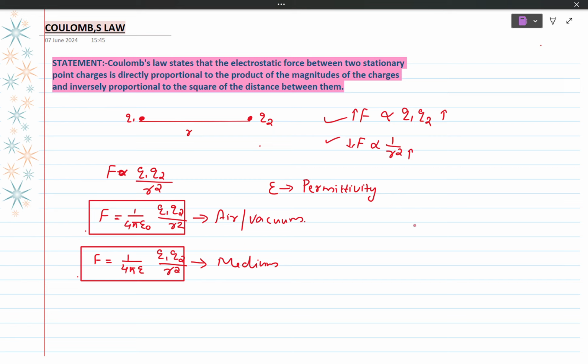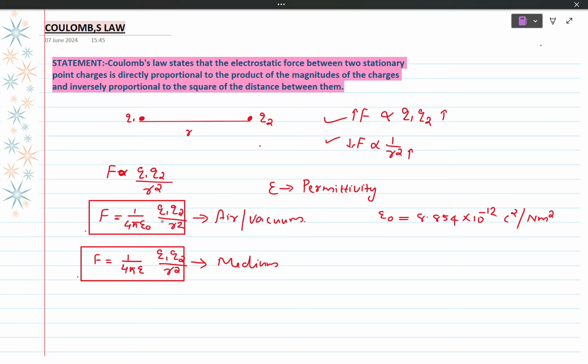And you must also know the value of epsilon naught, which is 8.854 into 10 raised to minus 12 Coulomb square per Newton meter square. This is the value of epsilon naught, the permittivity of free space, or permittivity of air or vacuum.